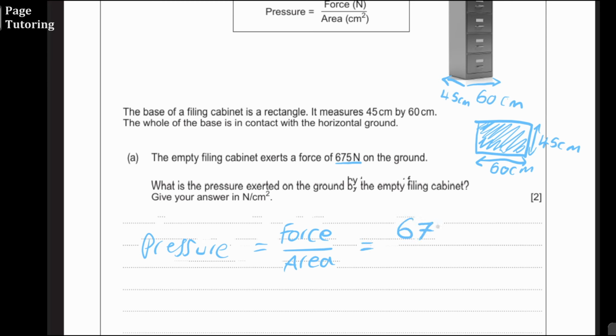We know 675 newtons is the force, and then the area that's touching, well, it says the whole of the bottom of that cabinet's touching, and it's giving you the lengths of the sides. So the area of a rectangle, it'd just be 60 centimeters times 45 centimeters. And you can just plug that straight into your calculator.